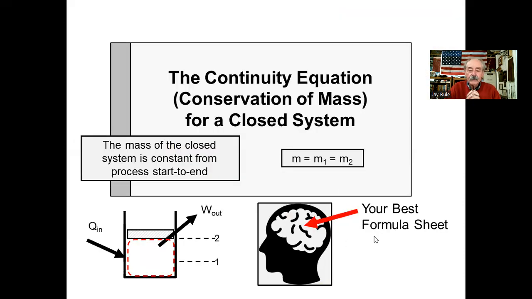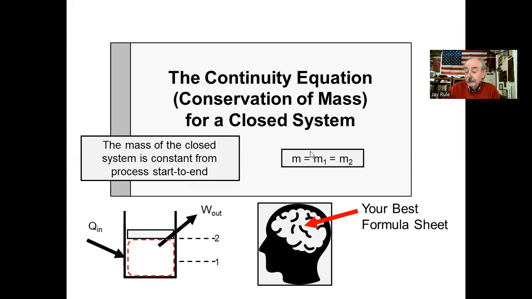A quick look at the continuity equation for a closed system, also called conservation of mass. And in a sentence, the mass of the closed system, what's contained in this piston and cylinder example, is constant. The mass is constant from start to end of the process, 1 to 2.